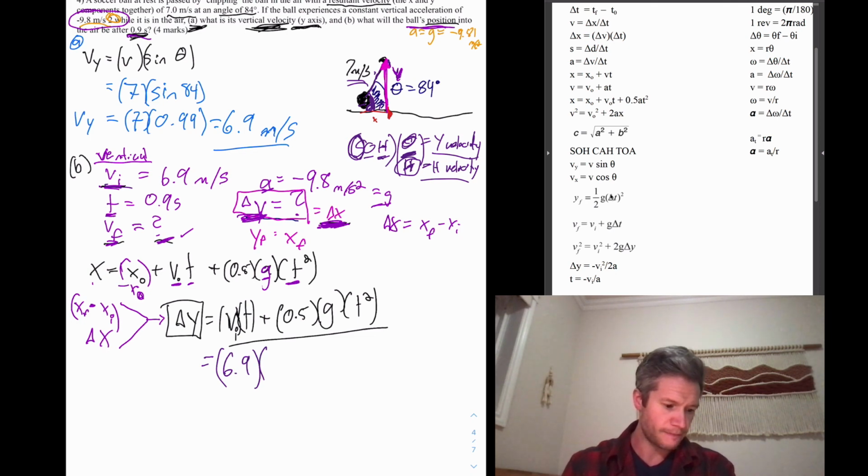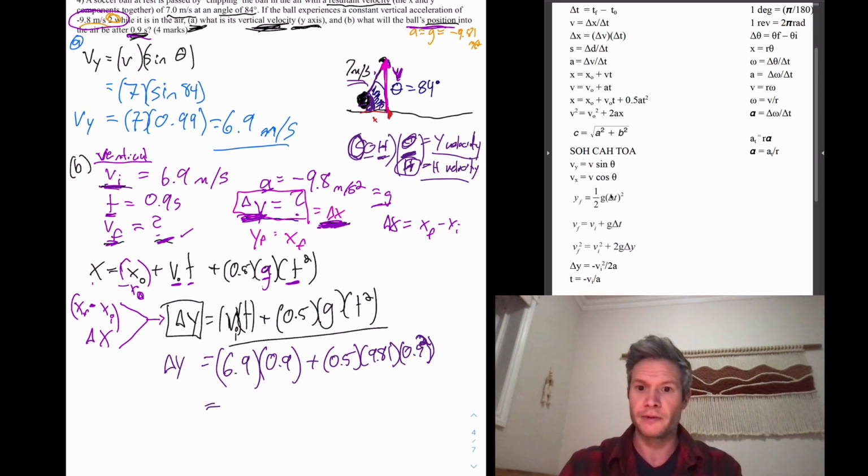Our time, of course, is 0.9 seconds, plus 0.5 times gravity times time again, so 0.9, but we're going to make sure we square that. That's an important part. From here on in, if you got to this point, we just plug and play.